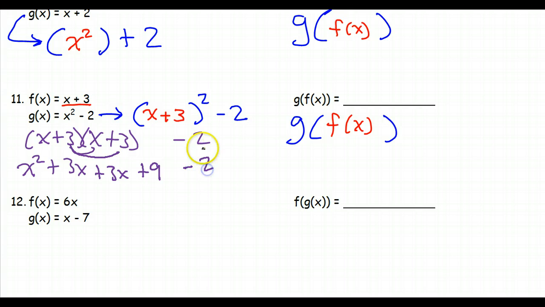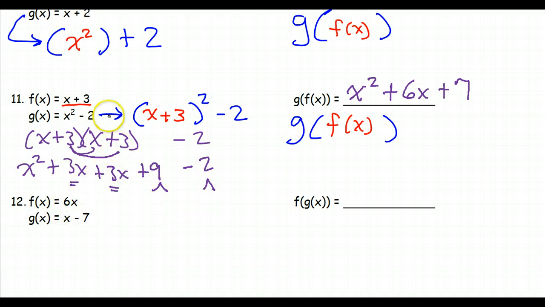And don't forget the minus 2, just bring that down. Then we have these like terms. These are like terms, but these are also like terms. Putting those like terms together brings me to the final answer. So this will be x squared plus 6x, and 9 and negative 2 make positive 7. So that should be the final answer for number 11.